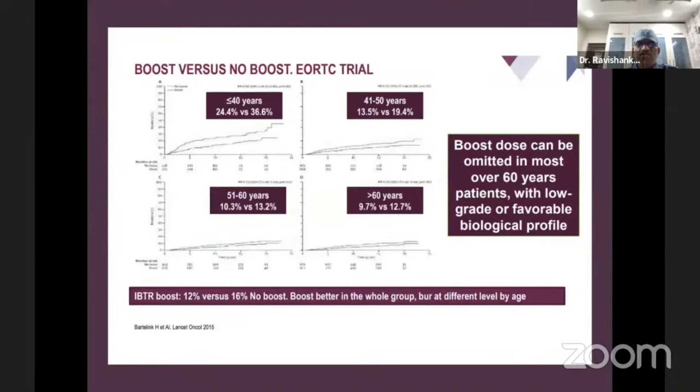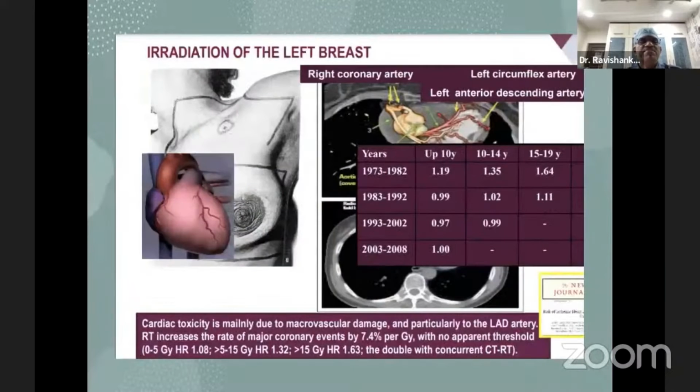Because if you avoid boost, you can reduce the morbidity, like scarring and induration and local lymphedema. There'll be thickening of the chest wall in that area where you deliver more dose to the breast area. So for cosmetic purposes, probably you can avoid boost in a very selective group of patients.